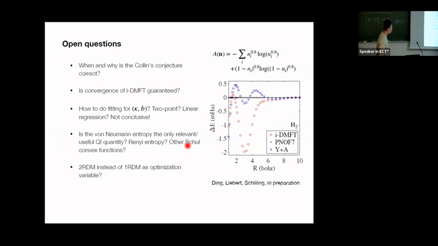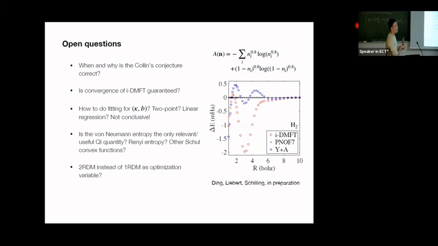And maybe this question is more interesting to me and our group: is the fundamental entropy the only relevant or useful quantum info quantity that we can think about? Can we use Renyi entropy, or does it mean that we just need to pick a really well-designed Schur-convex function? And actually, we did a little demonstration here. We designed this function A that looks very much like the particle-hole symmetrized fundamental entropy, but we put additional exponents in the natural occupation numbers.